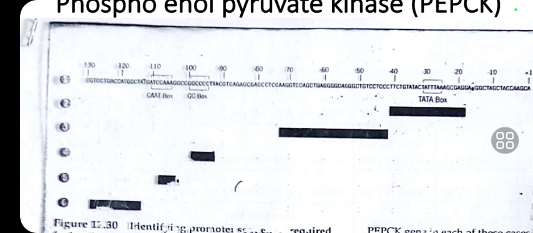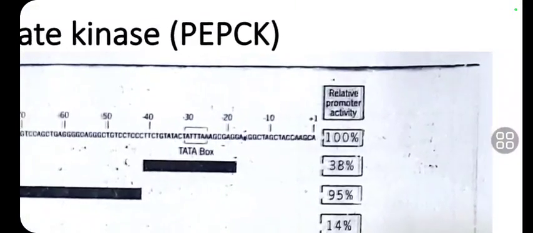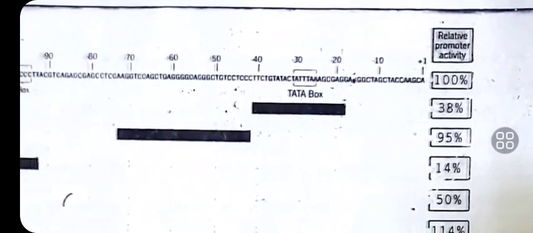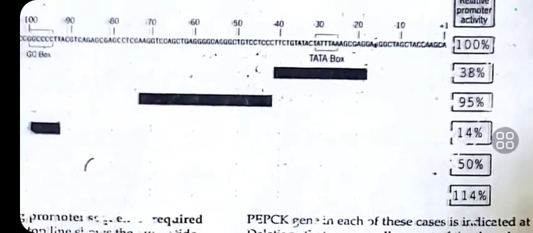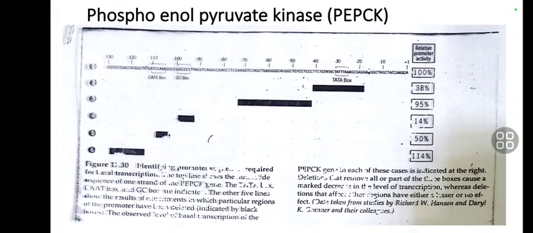In the first case, where the gene is intact, the transcription rate is 100%. That is, the relative promoter activity is 100% when the gene is intact.